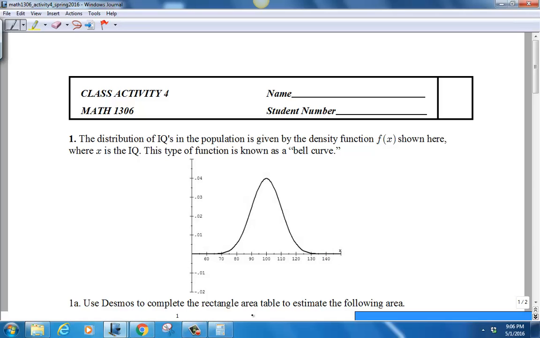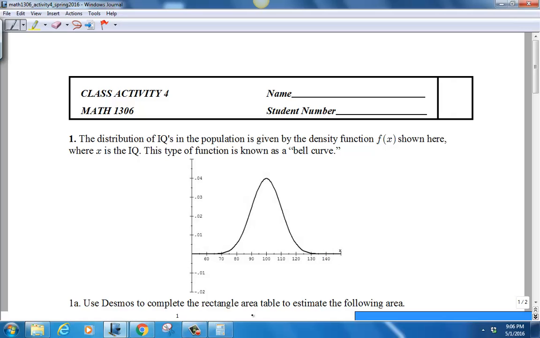So this is actually a very famous and controversial type of example. Not controversial in the sense that the density function has this shape, but controversy about what IQ actually measures, right?